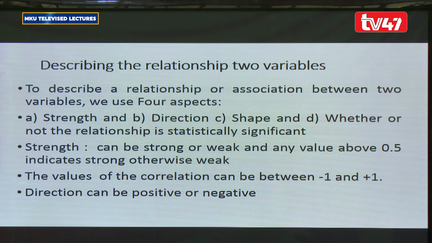The next thing is that the values of the relationship can be any number between +1 and -1. So we can have a fraction, we can have 0, we can have a decimal, so long as it won't go outside the range of -1 and +1. The other thing is the direction. The direction can be positive or negative.